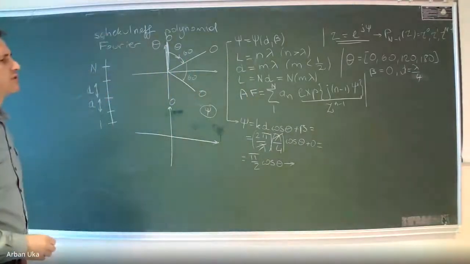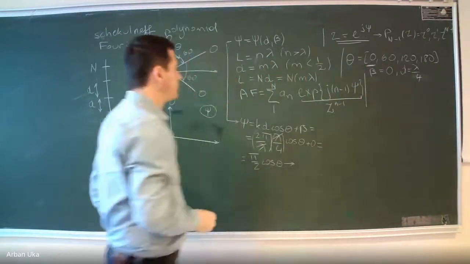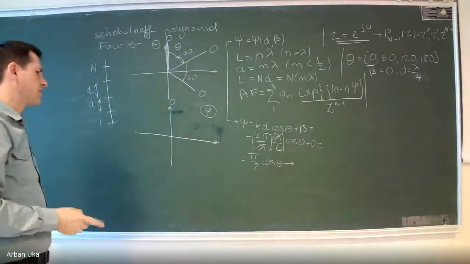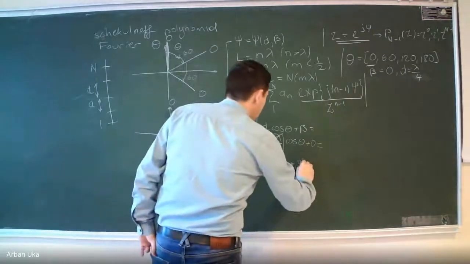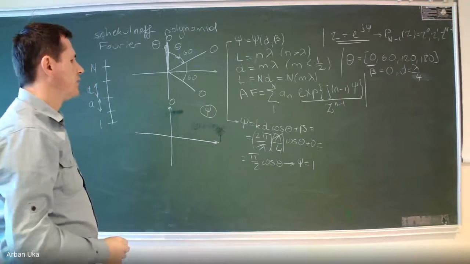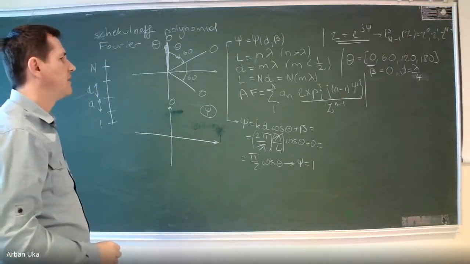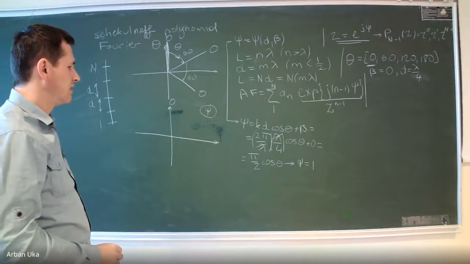When theta is equal to 0, so let's consider this the first component, cosine theta is 1, so psi is pi over 2, that's the first value. Then, when we set theta at 60, what is cosine 60?